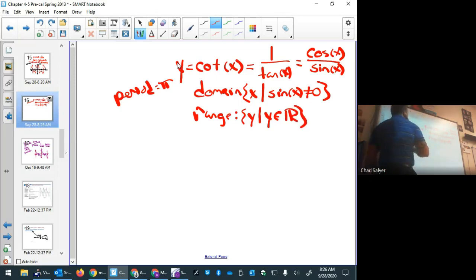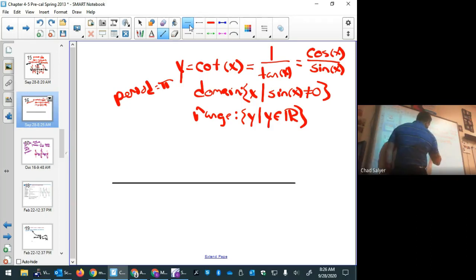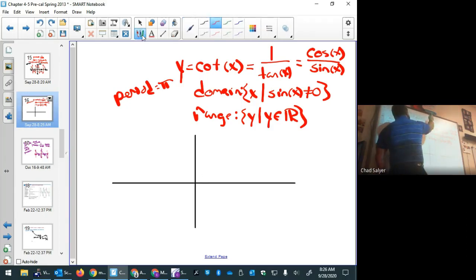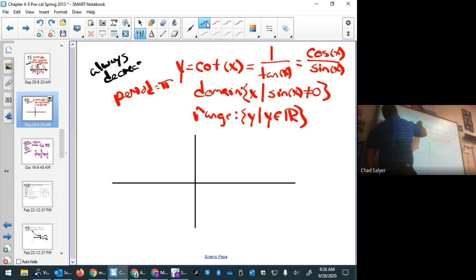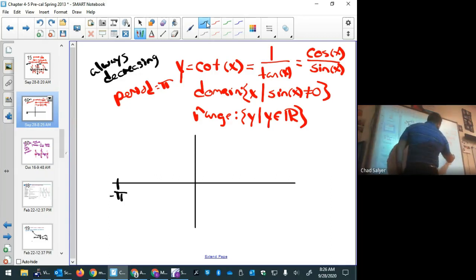In other words, all values are in the range. And I think that's all the information we need to get started. Oh, it is always decreasing by default. So that'll help us. So to find our zeros, we'll go from negative pi to pi.